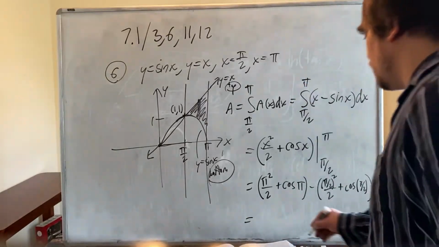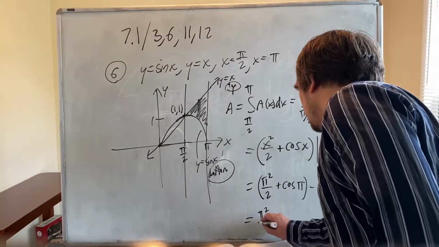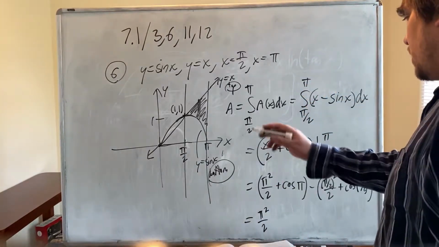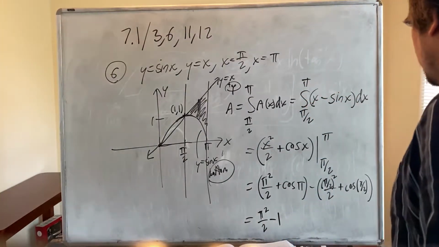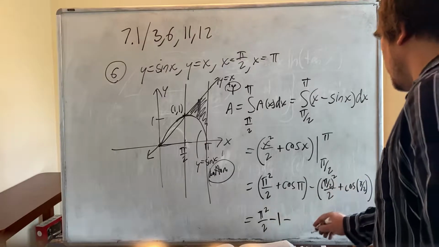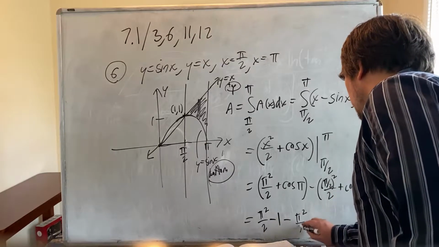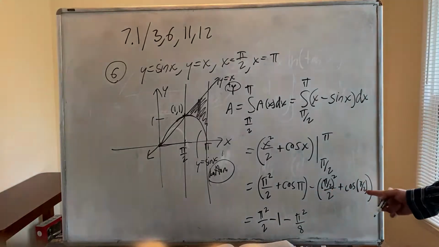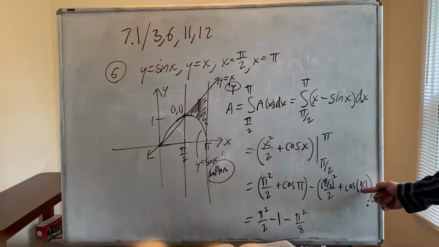This is equal to pi squared over 2 plus cosine of pi, which is minus 1. Minus now, that's pi squared over 8. And then it's minus cosine of pi over 2. Cosine of pi over 2 is 0, so it's minus 0.